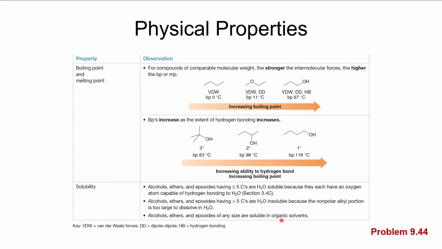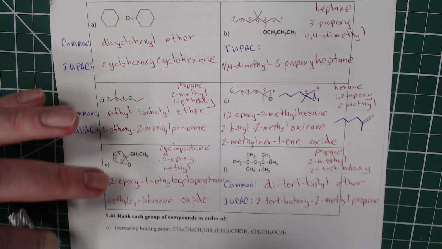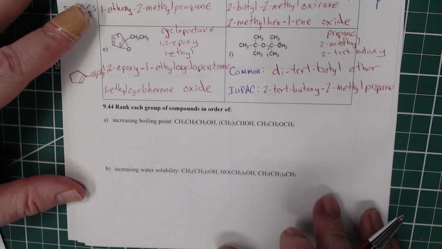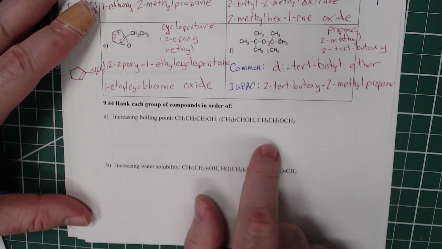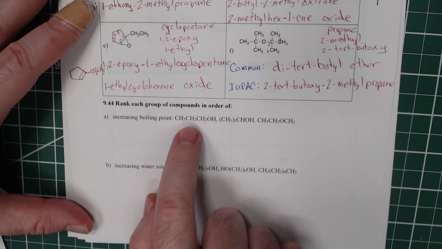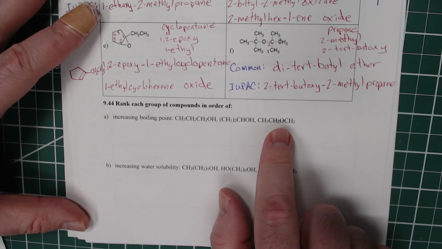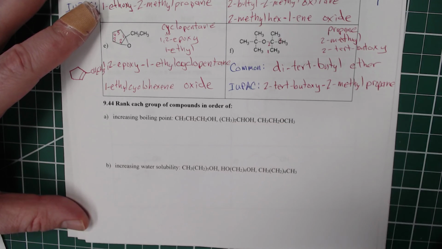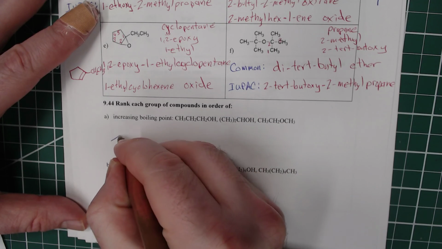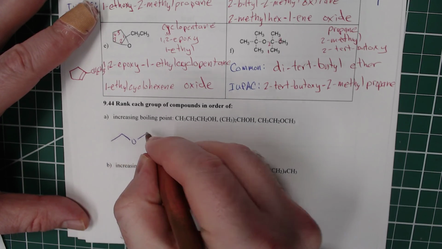All right, so let's look at number 44 on the in-class assignment. We want to rank these in order of increasing boiling point. Here we've got an alcohol, another alcohol, and an ether. The ether should have the lowest boiling point, so we'll put that ether first.